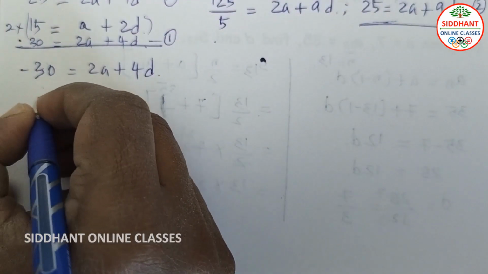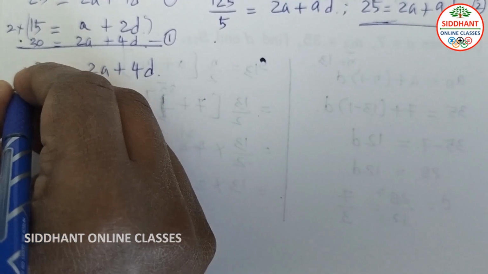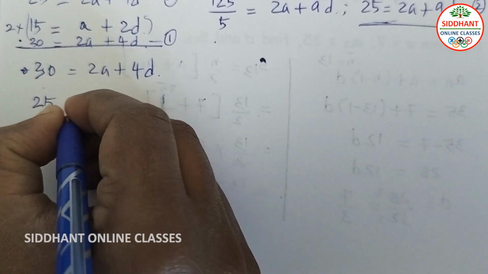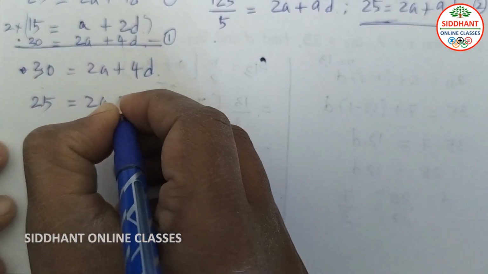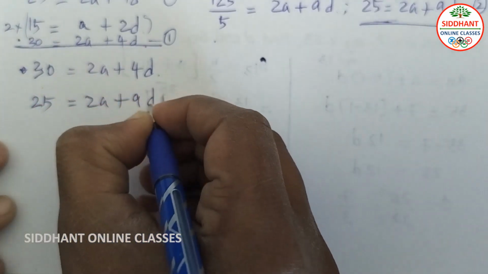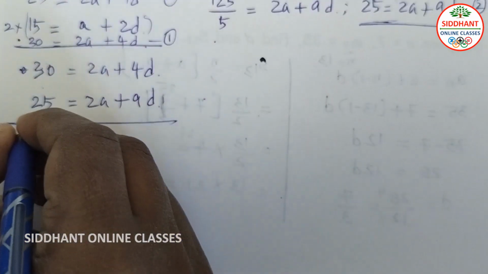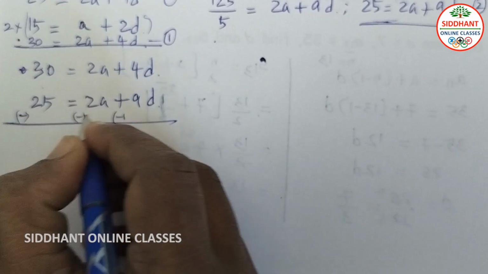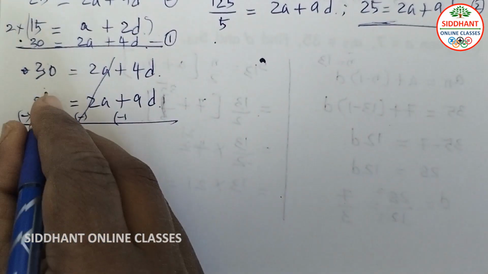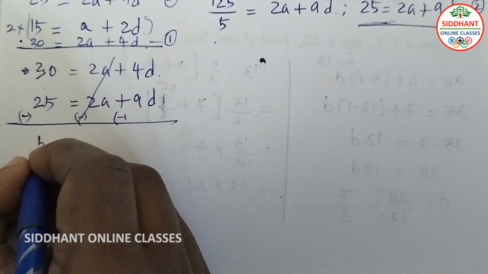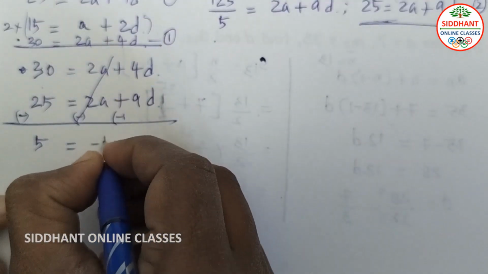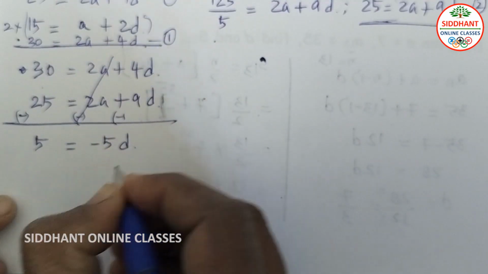Second equation, multiplying with 2 we get 25 equal to 2A plus 9D here. So changing the signs here, 2A cancels. 30 minus 25, that is 5 equal to, and then minus 9D plus 4D, that is minus 5D here.